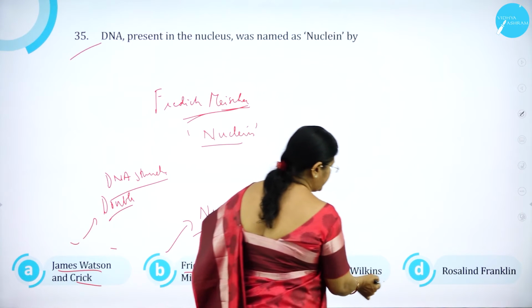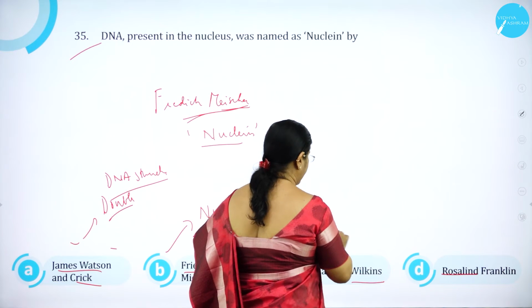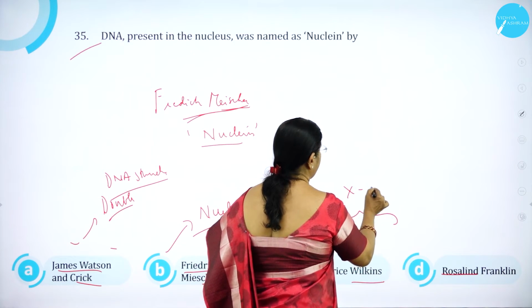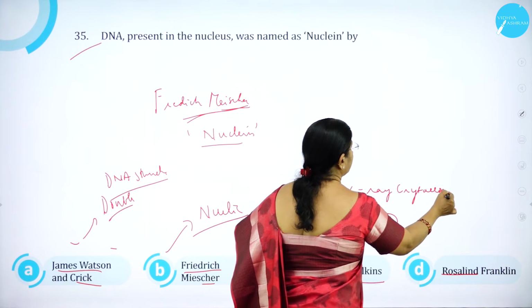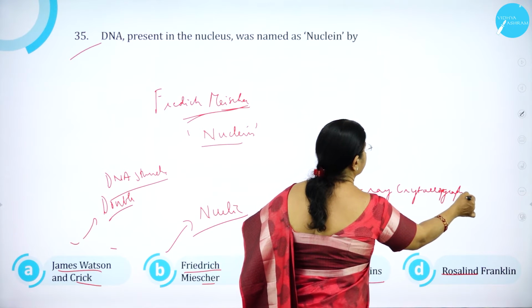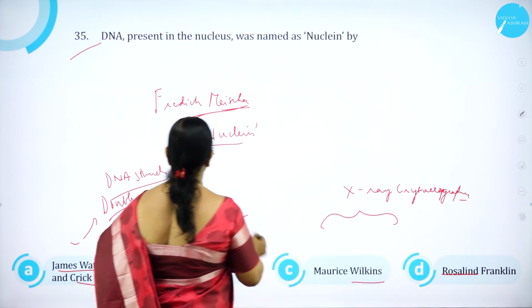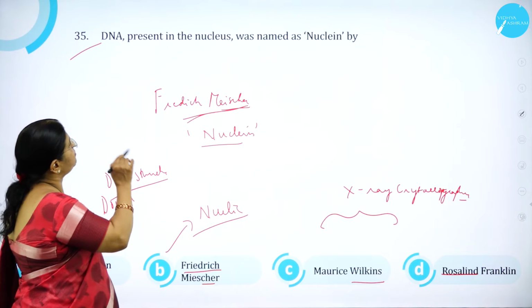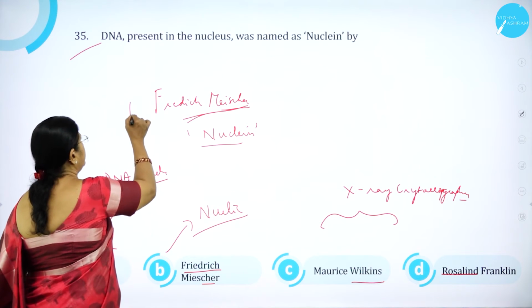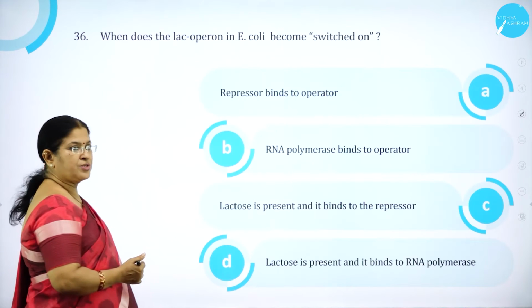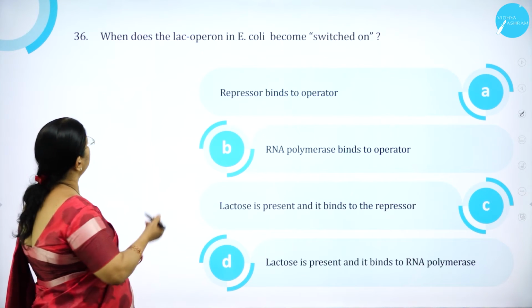And Maurice Wilkins and Rosalind Franklin, that is C and D, did X-ray crystallographic studies. You can call them X-ray crystallographers. So which is the option which is right? DNA present in the nucleus was named as nuclein by Friedrich Miescher. Option B is correct.